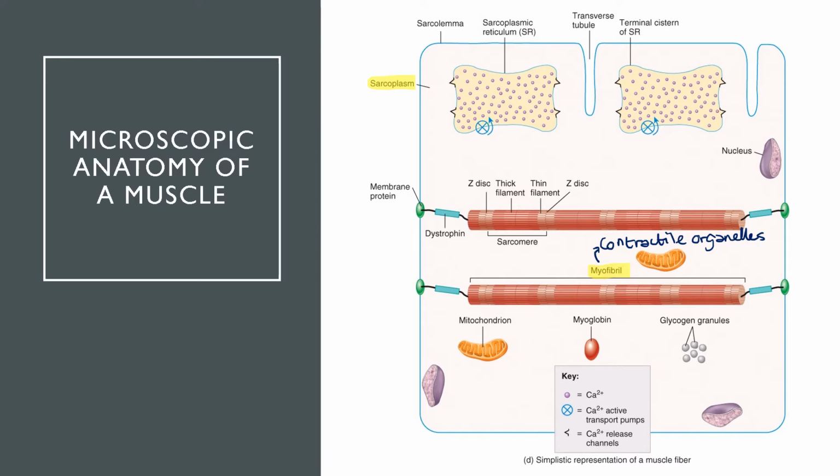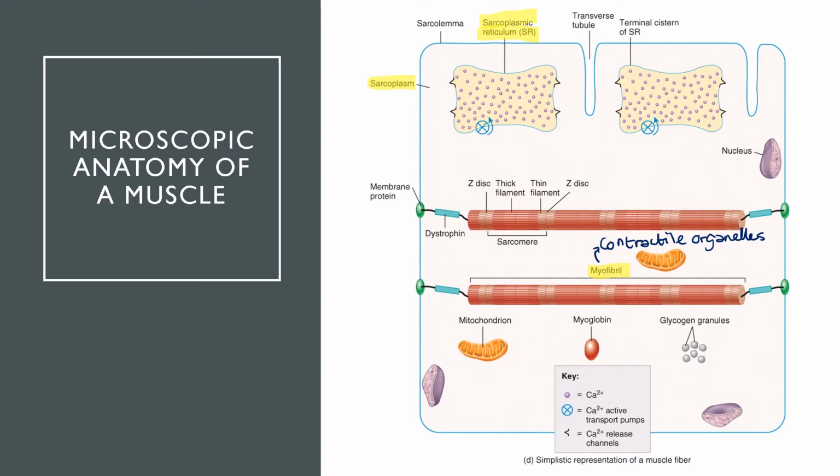A fluid-filled system of membranous sacs is called the sarcoplasmic reticulum. These encircle each myofibril. This picture is really just a representation, very simplified, but these sarcoplasmic reticulums will encircle the myofibrils. It's a really elaborate system, but these SRs are very similar to the smooth endoplasmic reticulum in non-muscular cells.